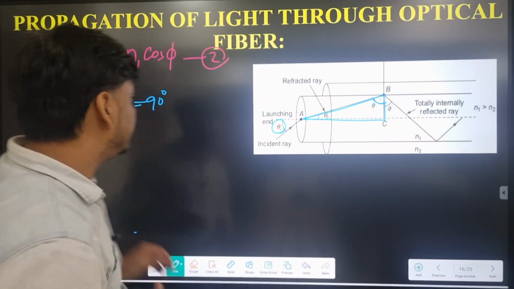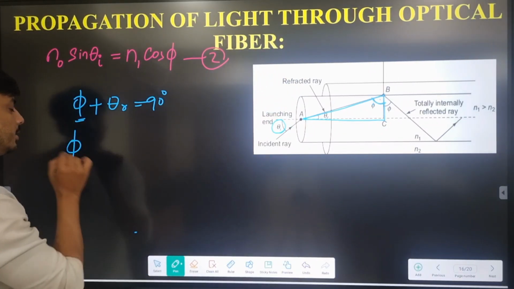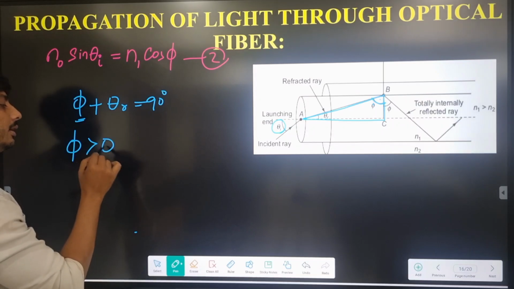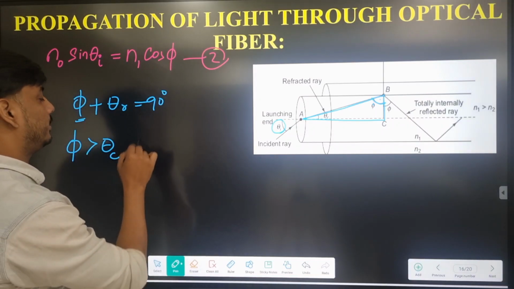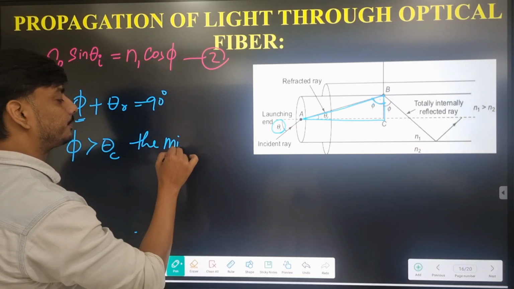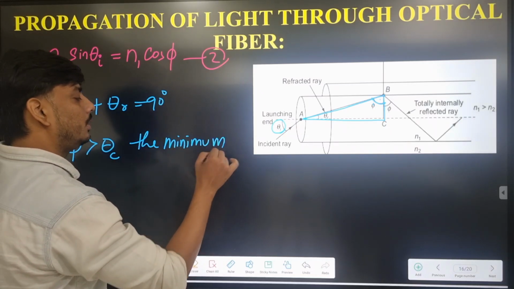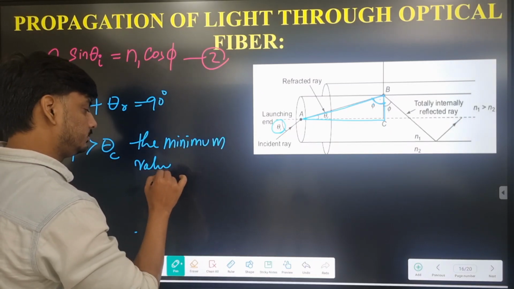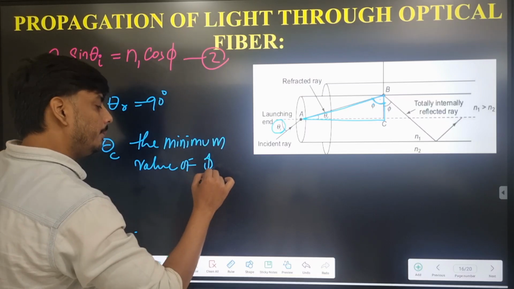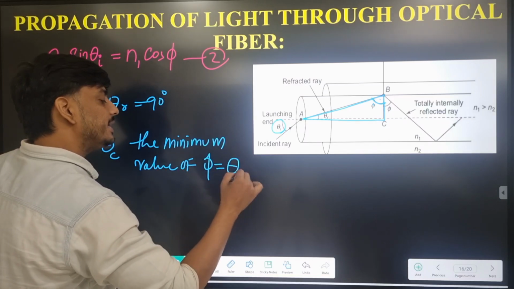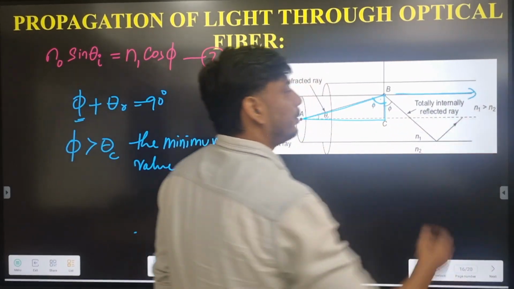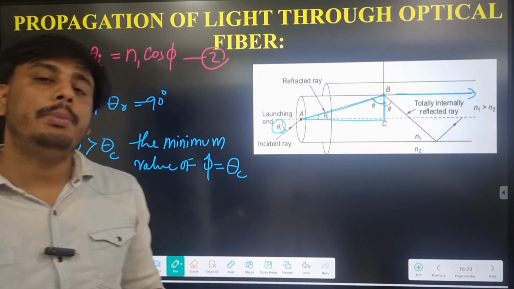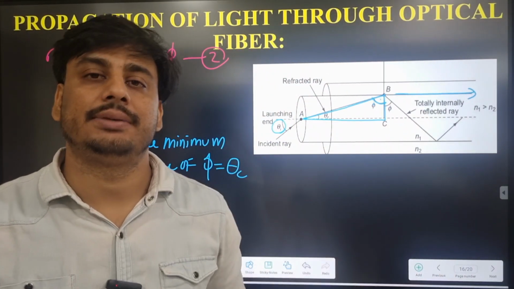Phi must be greater than critical angle theta c. So the minimum value of phi must be equal to theta c. If theta c will be there, ray of light will travel like this, perpendicular. So the minimum value of phi is here theta c.